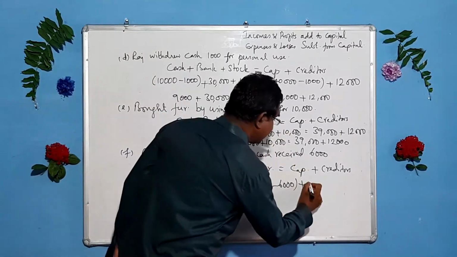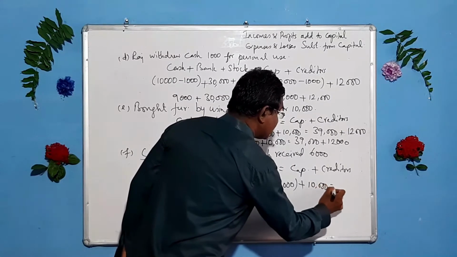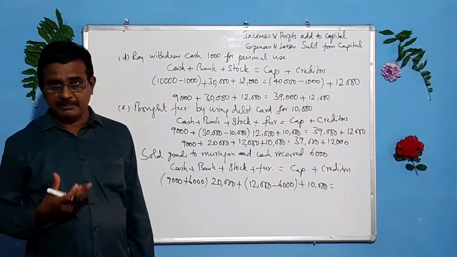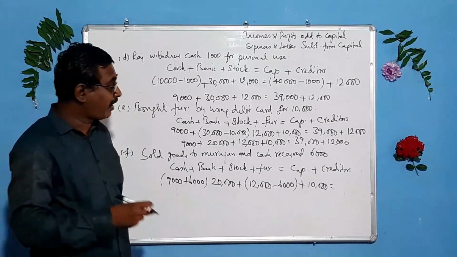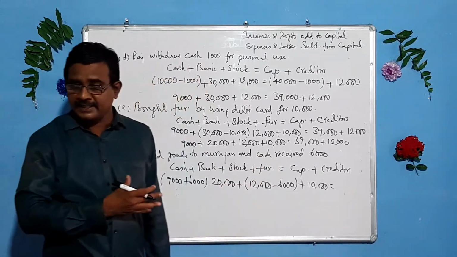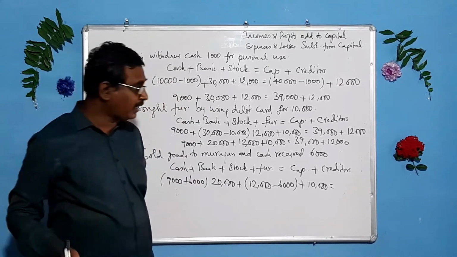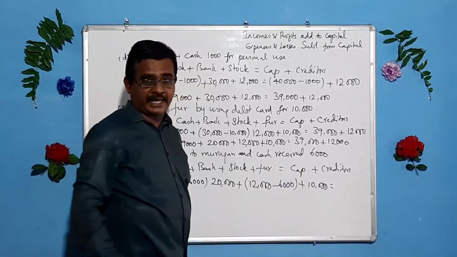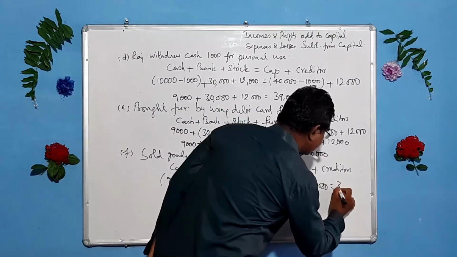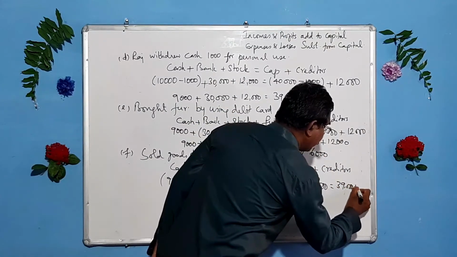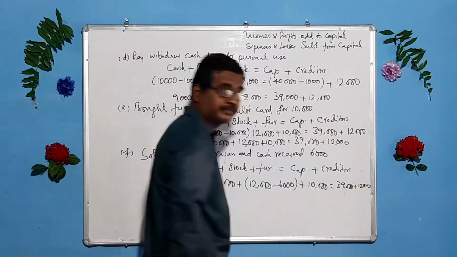What is the value of furniture? 10,000. See, there is no change in capital because there is no profit. When there is profit in selling, that profit should be added to capital. Here there is no profit, so we need not add it to the capital. The capital remains 39,000. Creditors remain the same, 12,000.